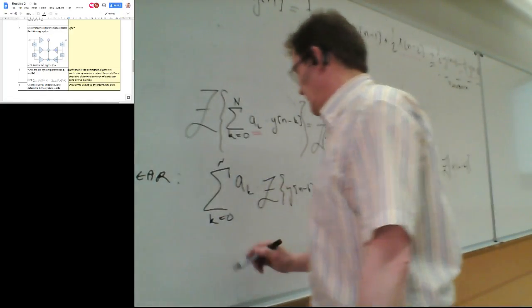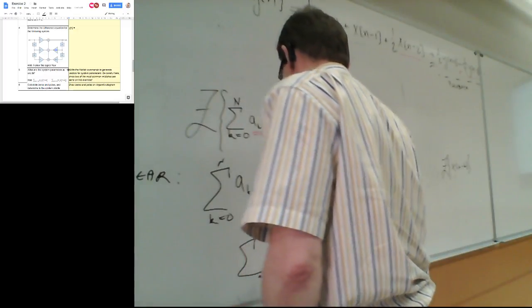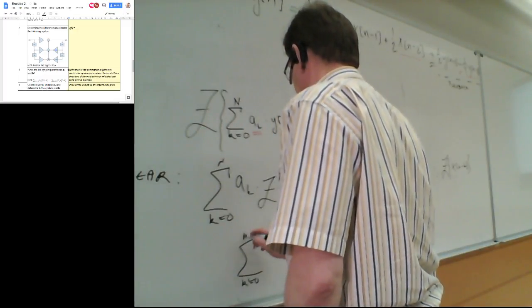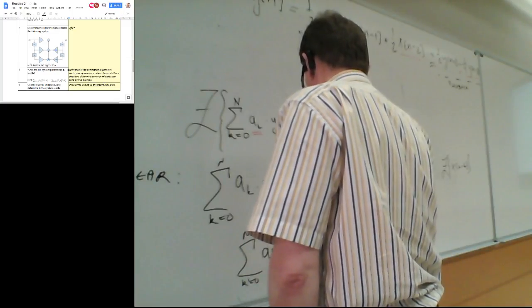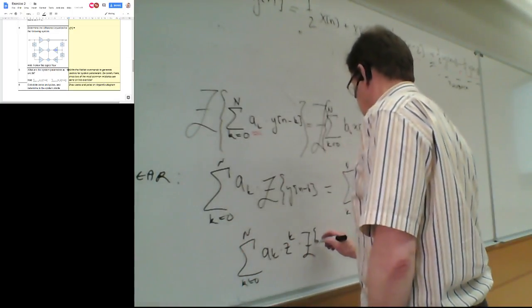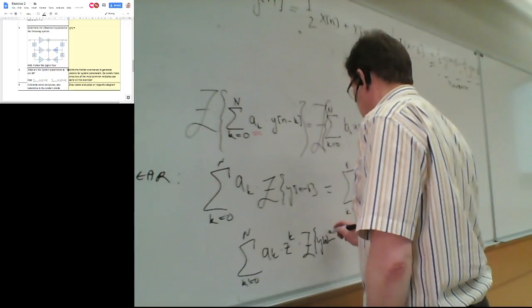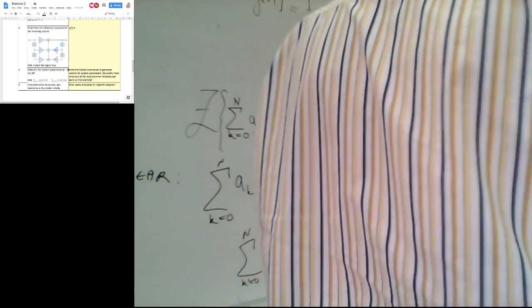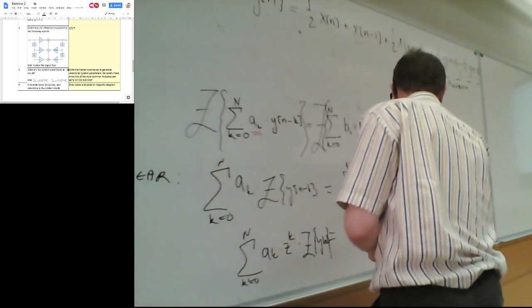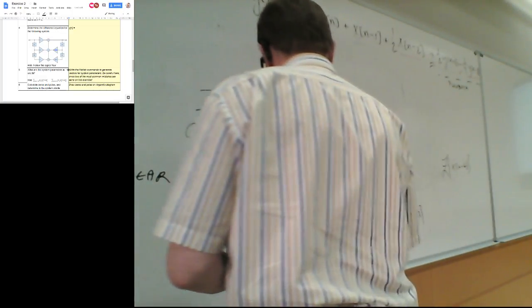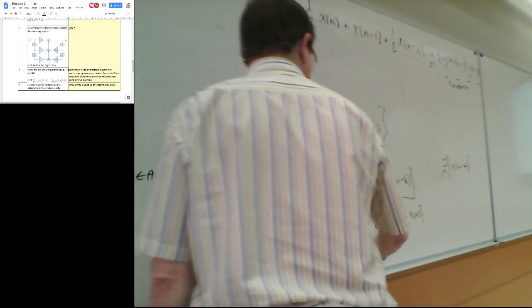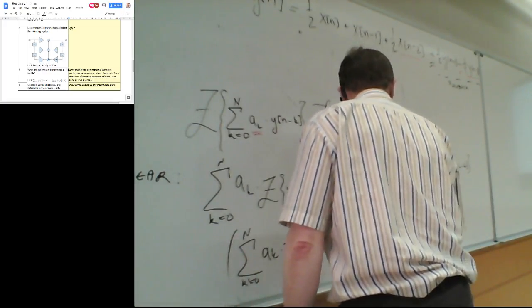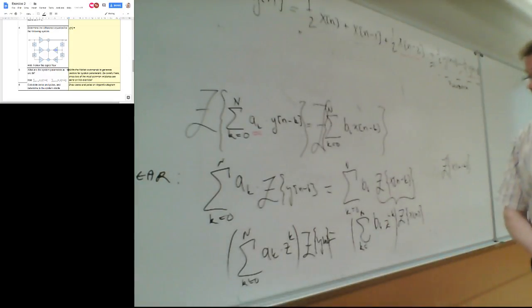Same thing on the left hand side, we still have the sum k from 0 to n, a_k times z to the minus k times the Z transform of y of n. Okay, and now again linearity, these are the same for every single term. So basically we have an equation like that.